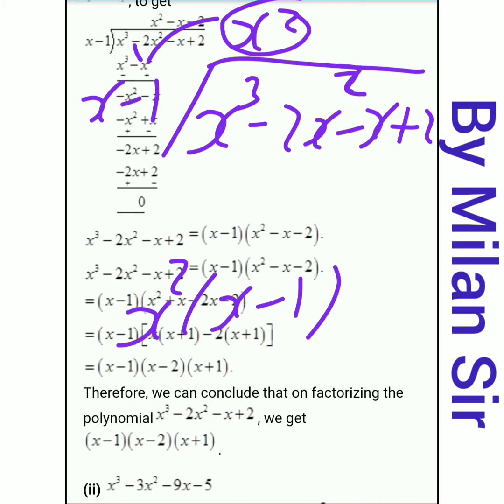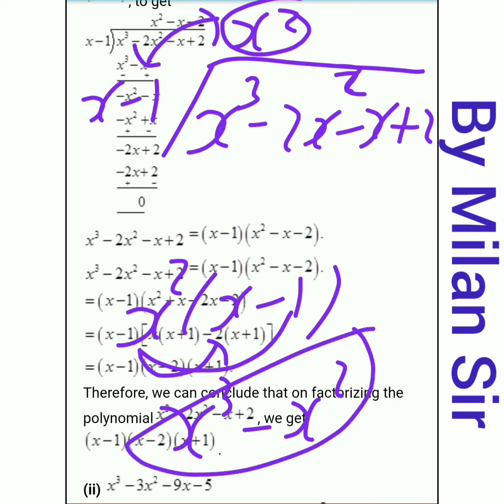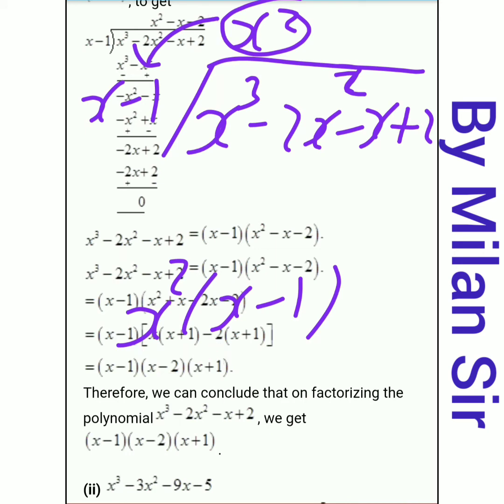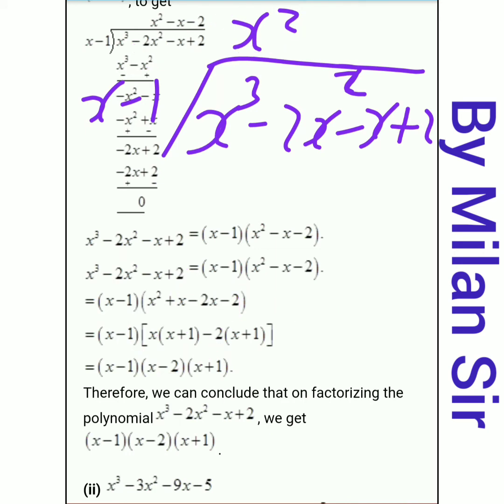If I multiply x square with x, it is x cube, and x square with 1, it is x square only. So this answer I need to write here, x cube minus x square.